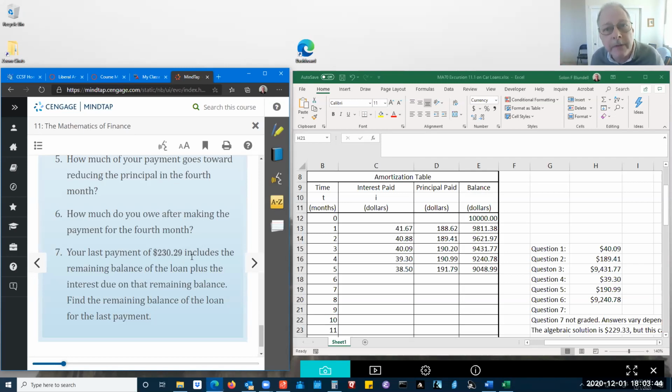So at the end of your 48th payment, your balance comes to exactly 0. What would that last payment include? It would be what was the remaining balance at the beginning of that last month, plus the interest on that balance. So the $230.29 would include the remaining balance on the loan, plus the interest due on the remaining balance.